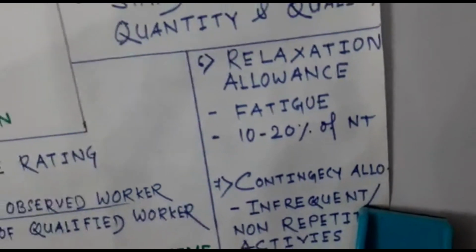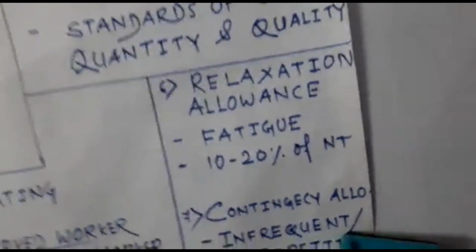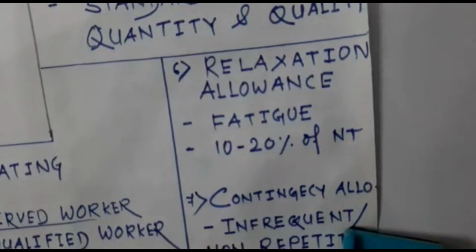For that, some amount of time is given to the worker, and that is called relaxation allowance. This relaxation allowance is generally 10 to 20% of the normal time.